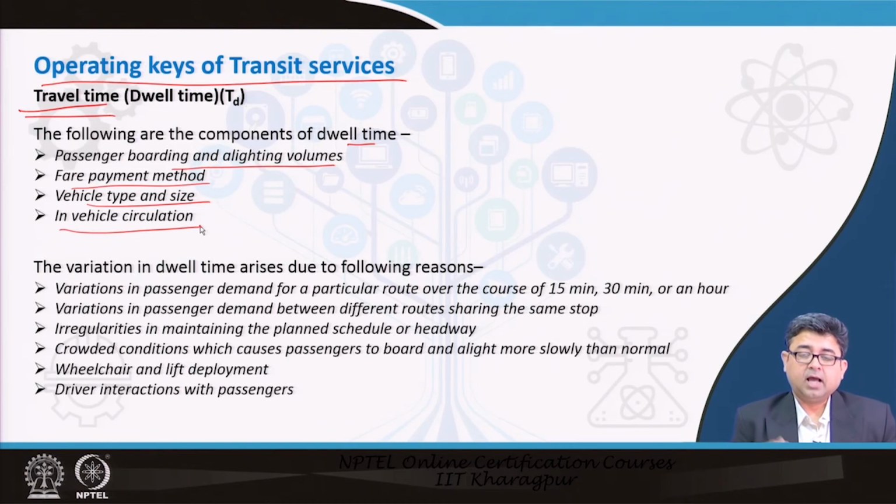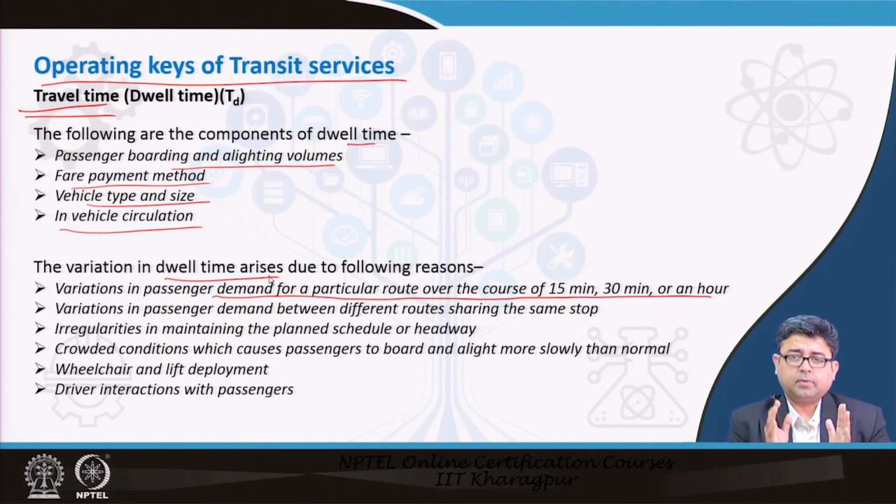All of these impact what the dwell time at a station is. For example, variations in passenger demand for a particular route over the course of 15 minutes may cause the dwell times to rise. So, if you just understand dwell time, which is the time that a bus or a public transport unit spends at a station to board and alight passengers, right.